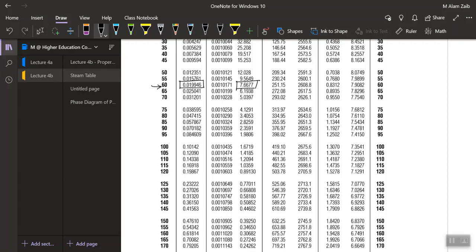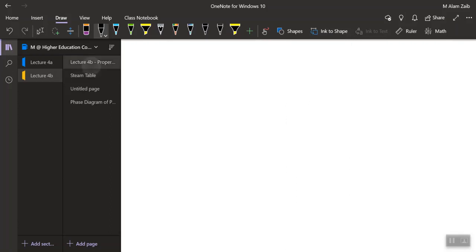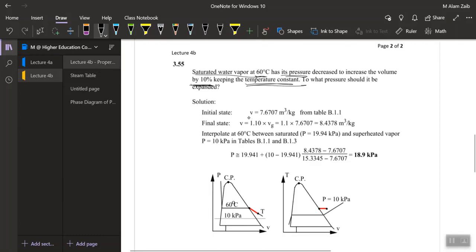If I'm reducing the pressure by increasing the volume, and that volume is increased by 10%, that means 10% would be added to this volume. So multiply by 1.1, which is 110%. So the volume would become 8.4378. So at this volume, what would be the pressure?